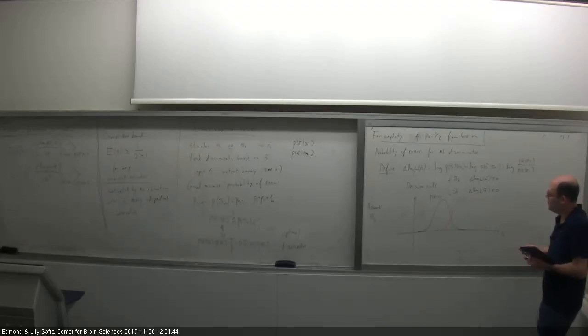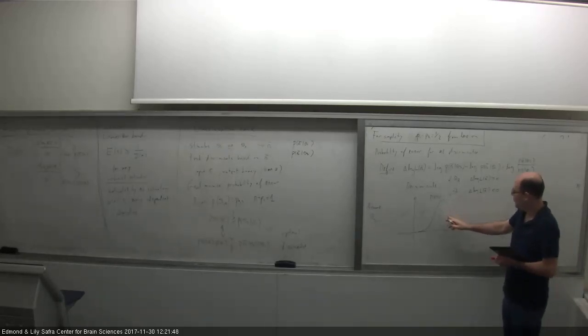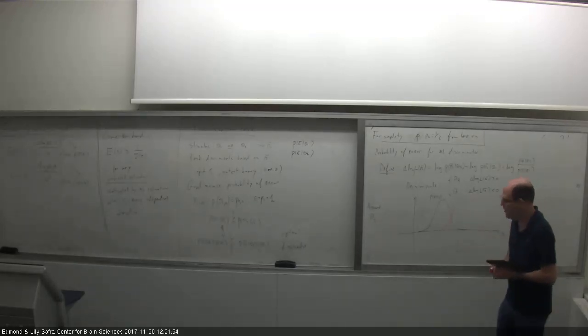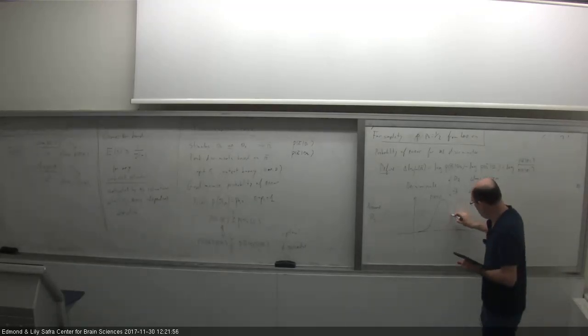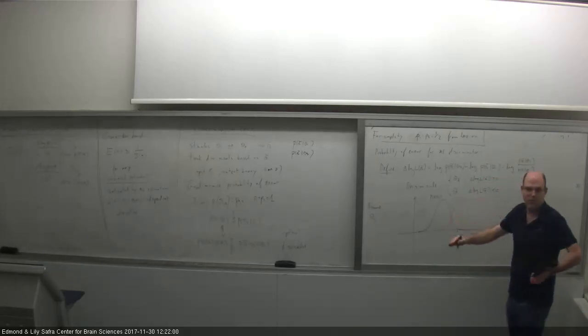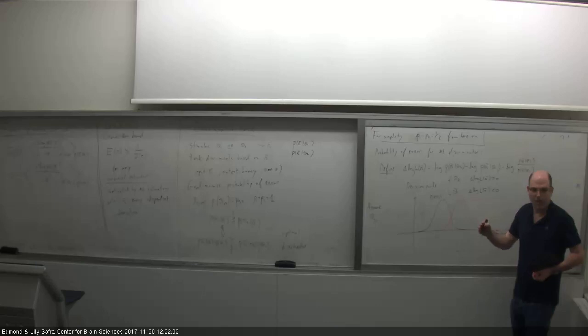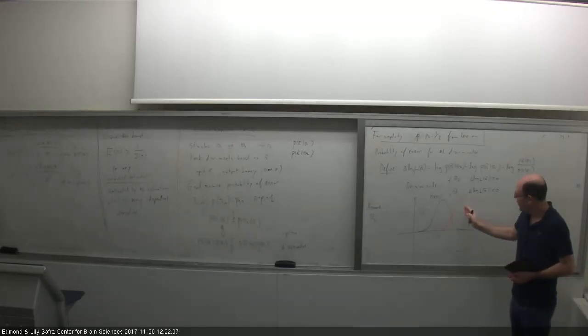Now what is the decision rule? I choose theta 2 if this is larger than this, and I choose theta 1 if this is larger than this. So you see that there is a separating point here, which would become a surface in the high multidimensional case. As long as R is within this range, I choose theta 2.